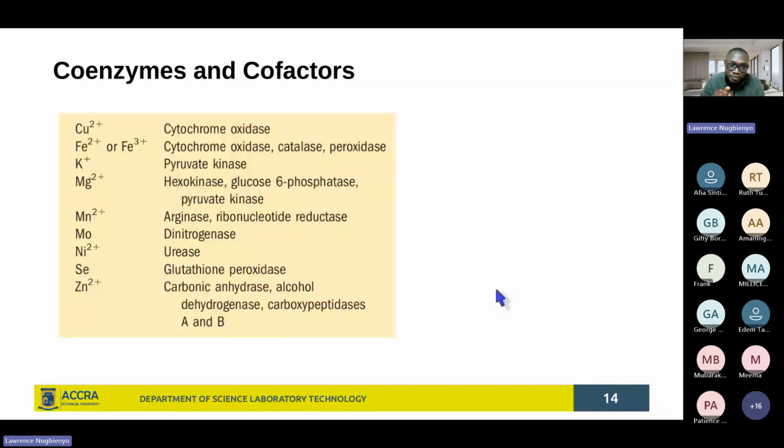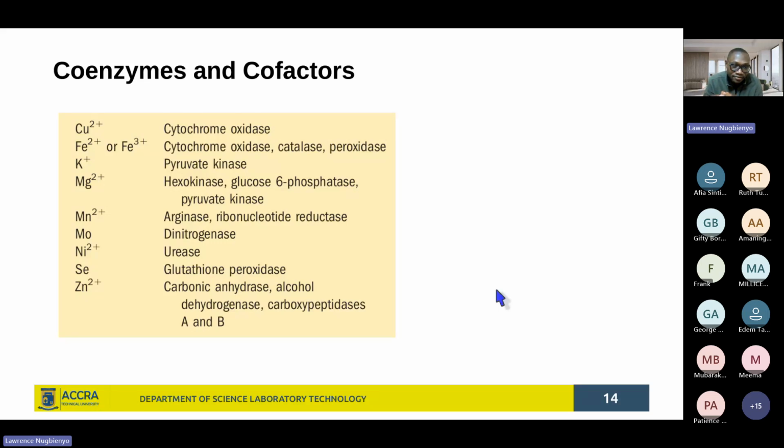Cofactors refer to inorganic metal ions that are involved in the functional structure of the proteins, the enzymes. So it's not only enzymes per se, but if you take many proteins, you see that you have these metal ions embedded in the structure, actually holding either a tertiary or quaternary structure of these proteins.